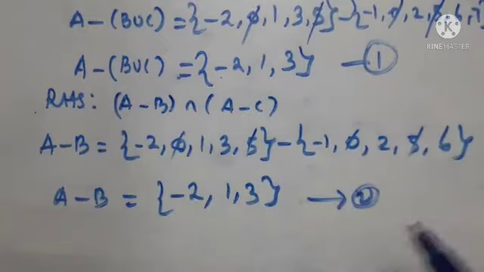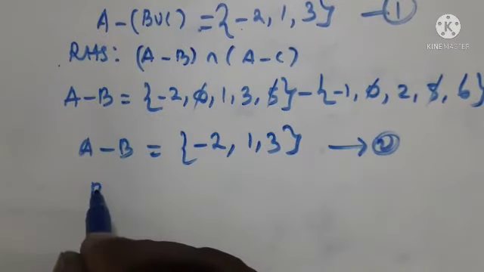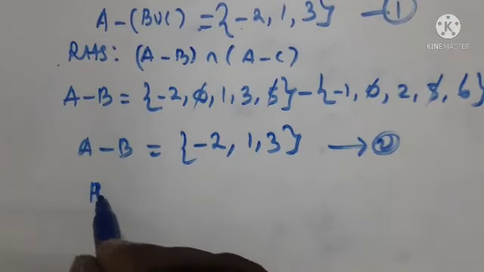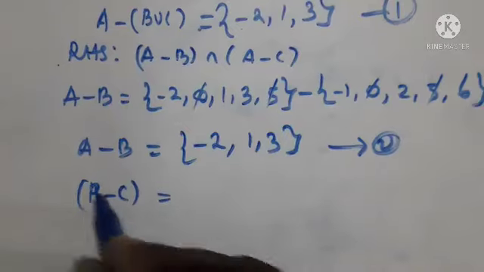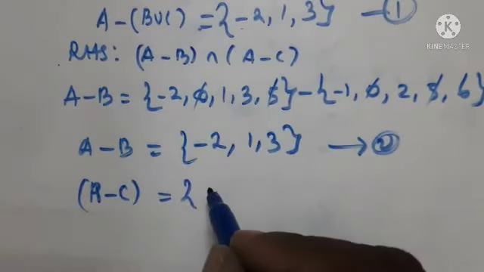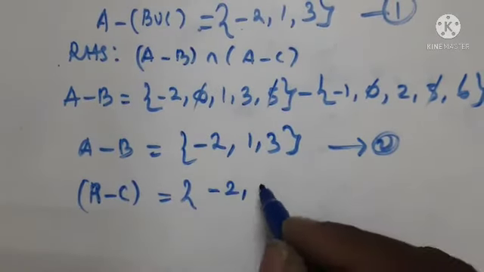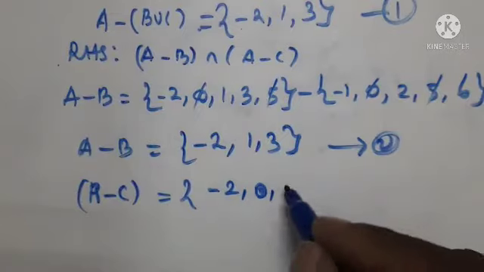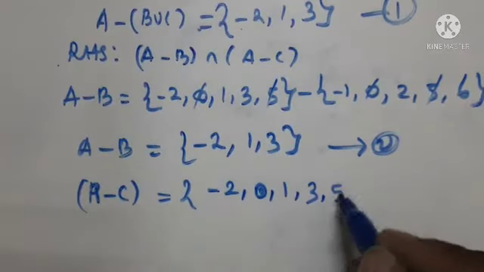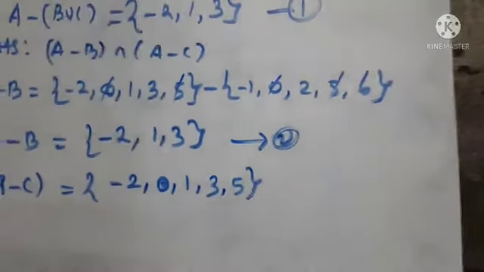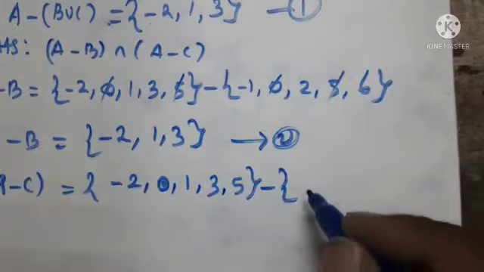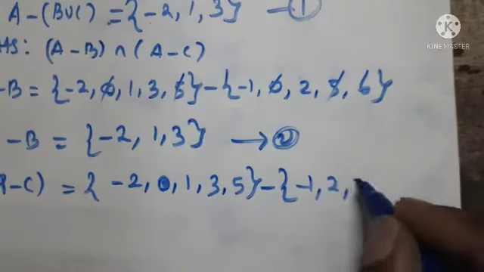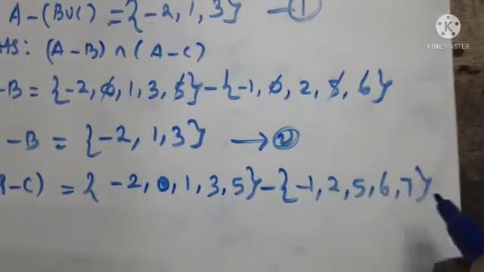This is equation 2. The next, A − C: write the elements of A, {-2, 0, 1, 3, 5}, minus the elements of C, {-1, 2, 5, 6, 7}.